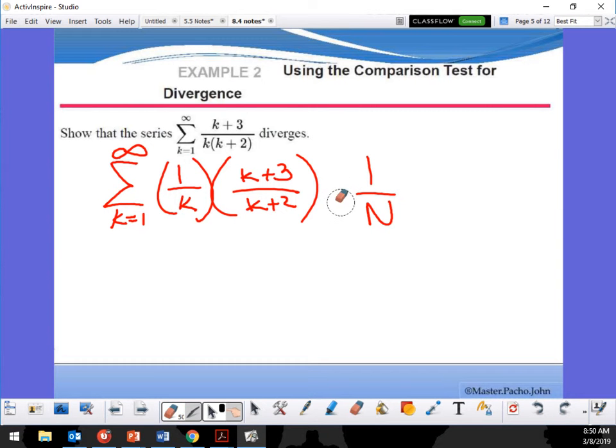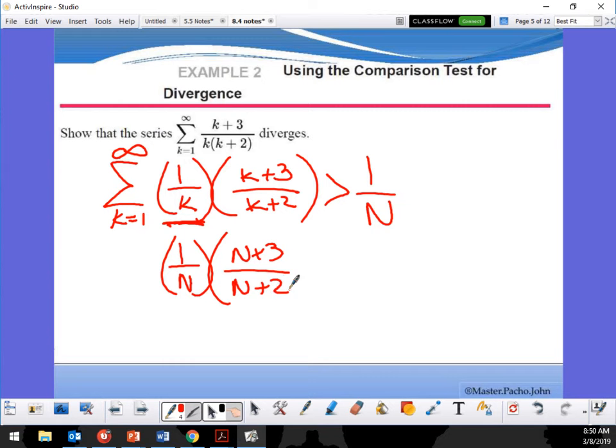It's going to be greater than because we know that this piece right here is what? What do we know about that piece right there? It's equal. So it's basically the 1 over n, right? So if I'm changing all this to n, so let's take a look. It's going to be 1 over n times n plus 3 over n plus 2. It's going to be greater than 1 over n.